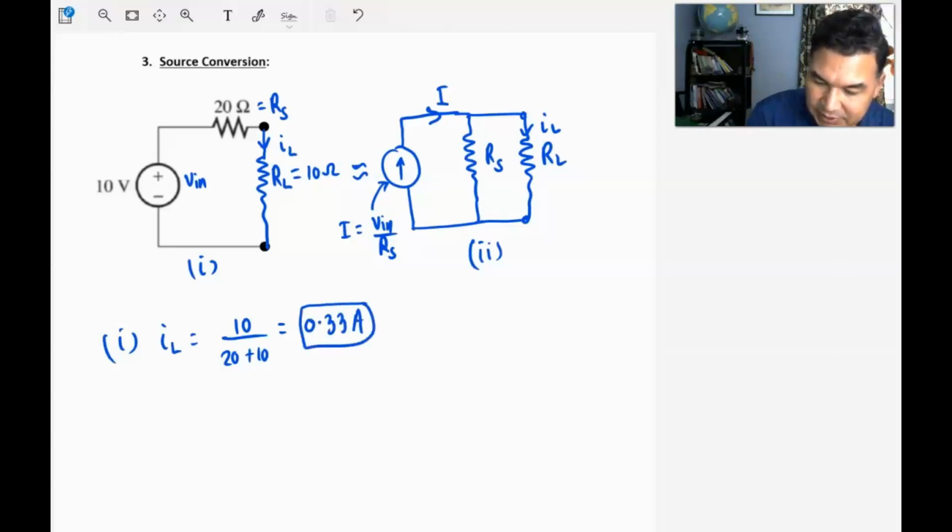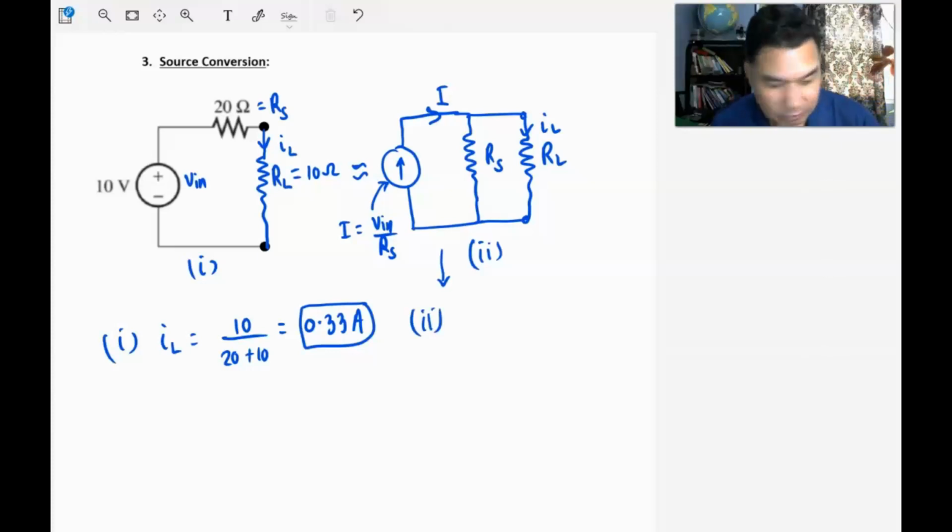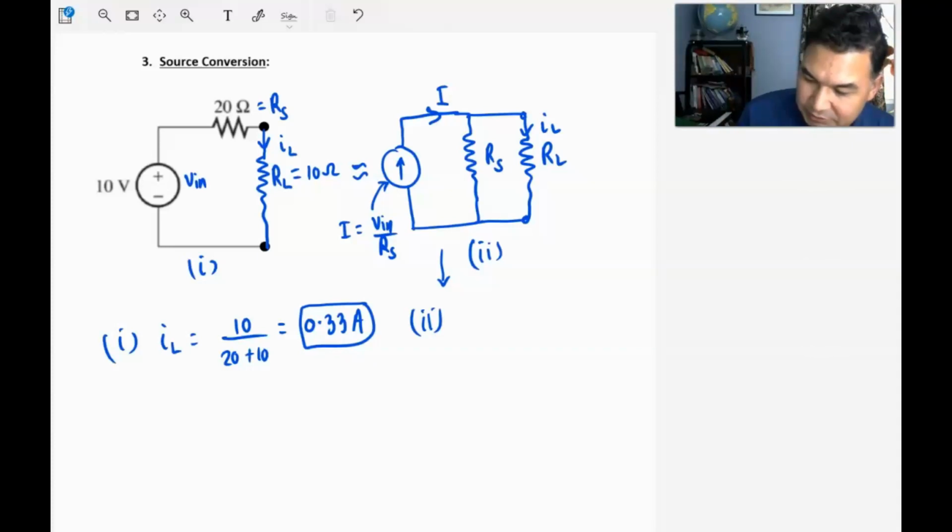Now for the second circuit, let's prove this. Is the current through the load resistor going to be the same or not? To do that, you can use either Kirchhoff's voltage law or current law. I'm just going to do nodal analysis.